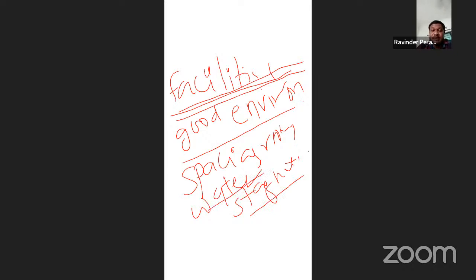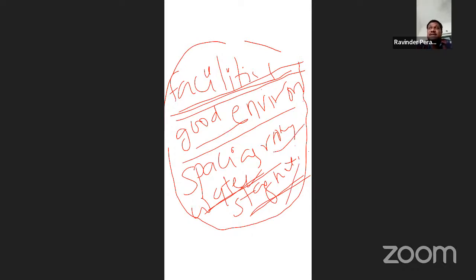That's why it will disturb the silkworm production. If any water is stagnated around the grainage building, that will disturb the silkworm production. That's why the grainages should contain all these facilities and good environment, spacious rooms, and there should be no water stagnation surrounding the buildings. We should maintain all these facilities.